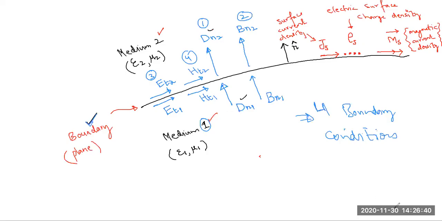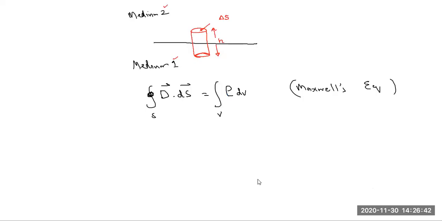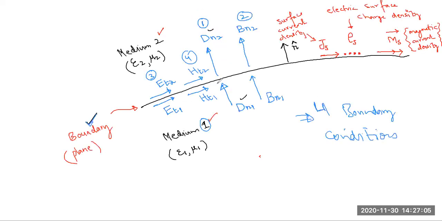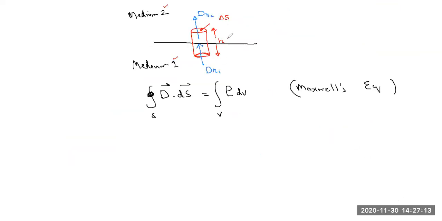So with respect to this cylinder, what we are going to find out is how much flux is entering this closed surface, and then how much flux is coming out. So I'm considering this case number 1, and you can clearly see this is DN1 and this is DN2. So with respect to the closed surface, I have represented this DN1 and DN2.